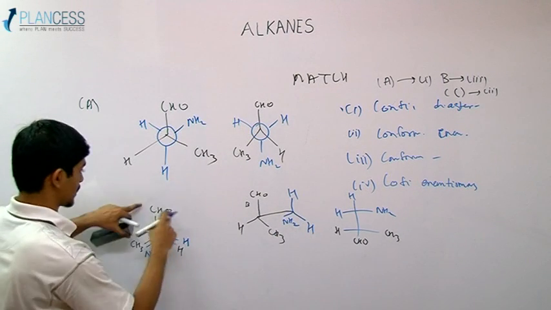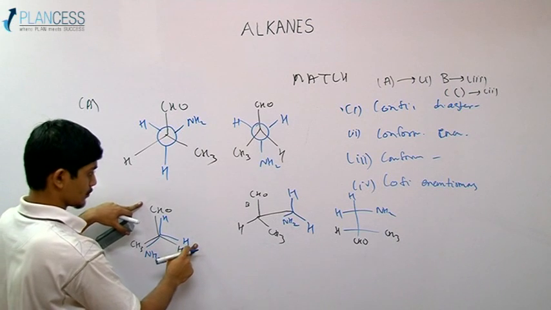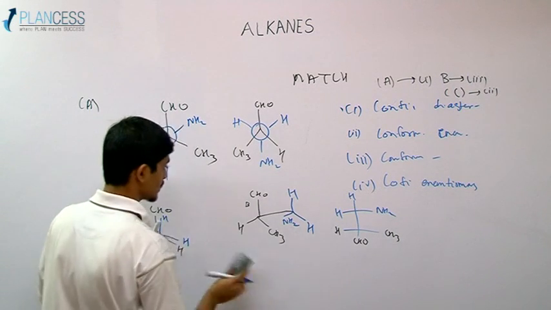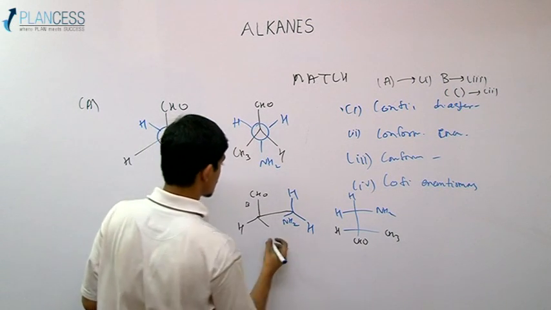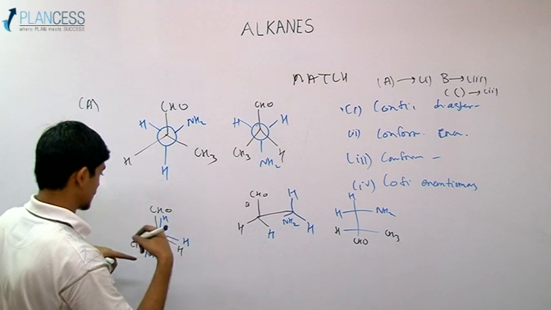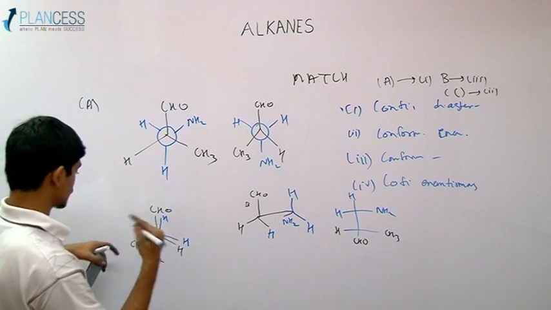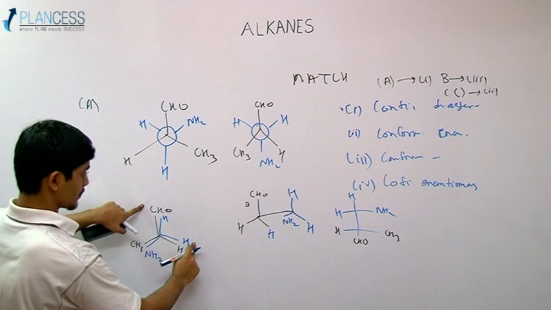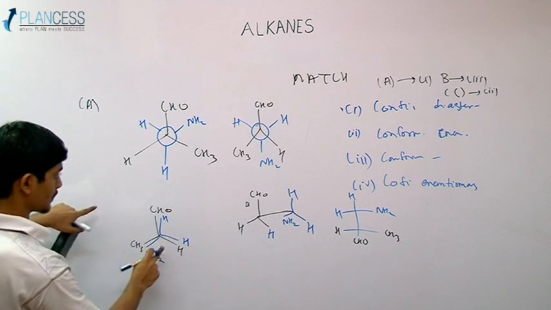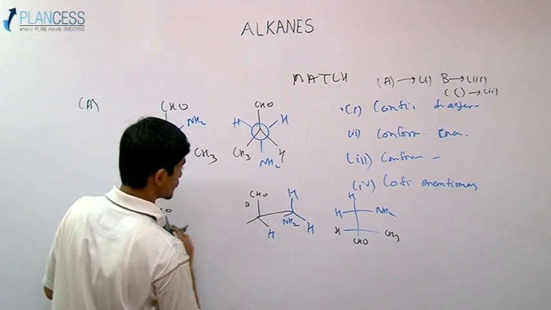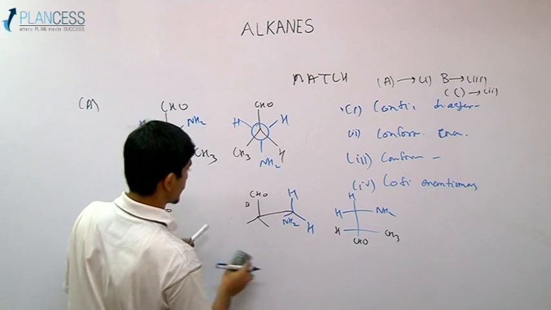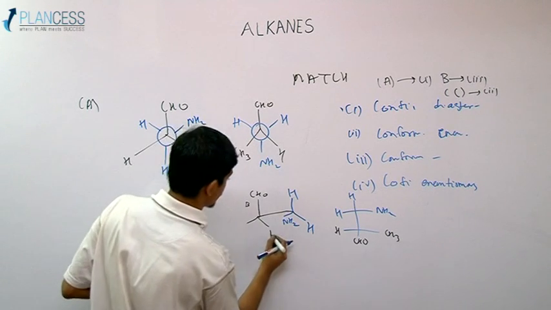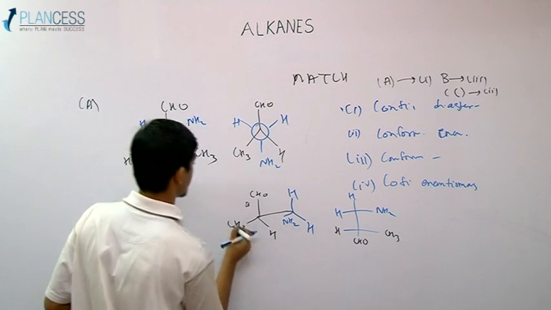With H we have CHO, with this blue H we have the black H, and with this NH2 we have CH3.